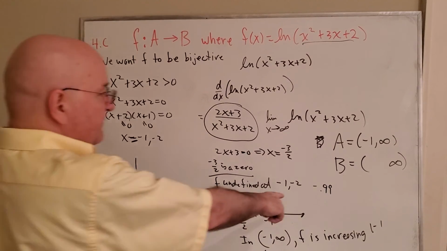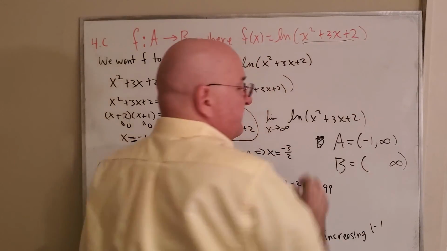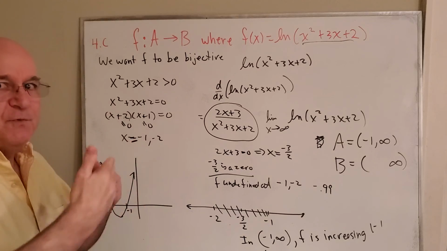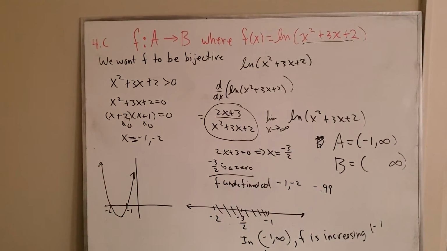When I plug in negative 0.99 into this, it gives me a small number, whose log we know is going to be a large negative number, large in magnitude.